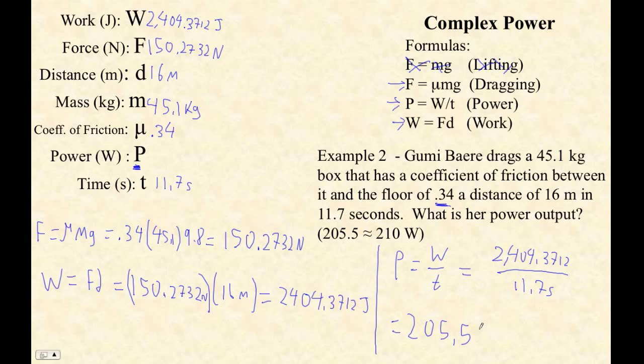What's the unit of power? Okay, so that's how you solve the type of problem called jambalaya!